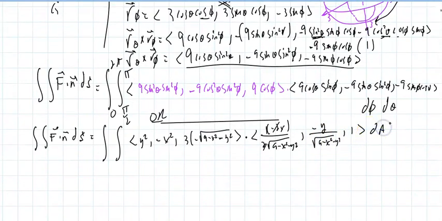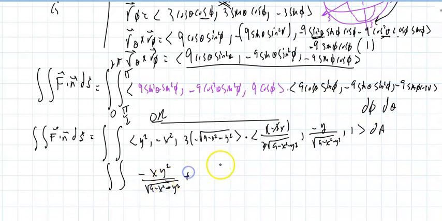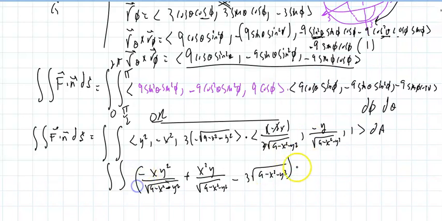dA. Well, the hard part is coming up with the limits, except if you multiply those, you'll notice that's negative xy squared over the square root. And can you guess what we're going to do? Plus x squared y divided by the square root of 9 minus x squared minus y squared minus 3 the square root of 9 minus x squared minus y squared. Let me make sure I did that correctly. Okay, that's good. dA.